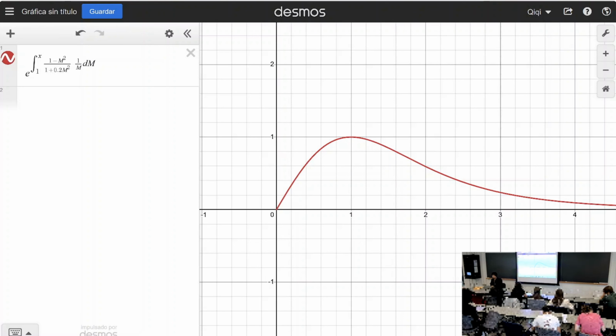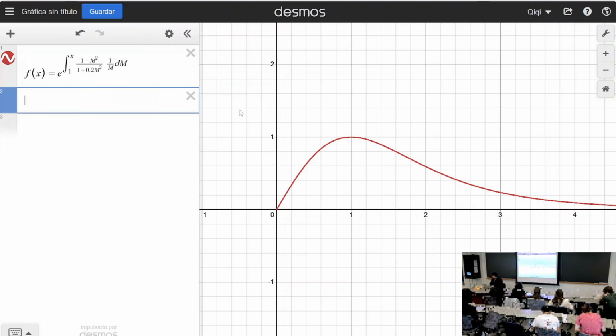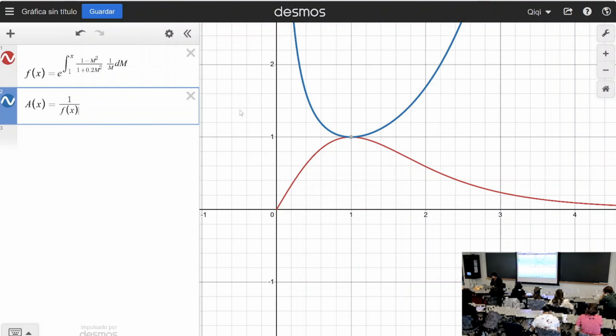then, since this is mass flow per unit area, say f of x is equal to this, the area of a convergent divergent nozzle is equal to 1 divided by f of x. Let's visualize it a little better.